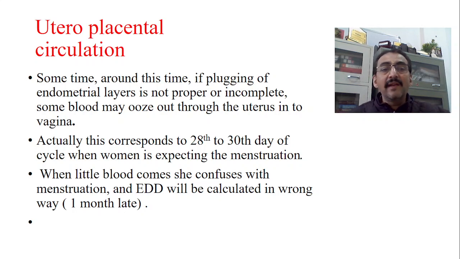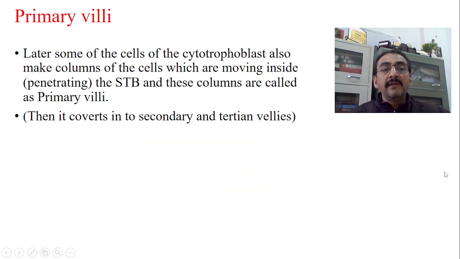You cannot calculate the exact EDD. So when the little blood comes out, she confuses it with the menstruation, and the EDD will be calculated in the wrong way, almost 1 month late. So this is one important issue that we have to understand. So, okay, uteroplacental circulation.